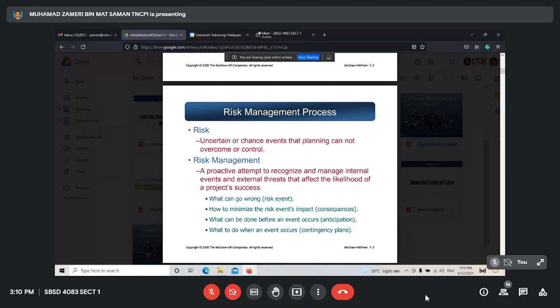Because of uncertainty, we are not sure whether we can complete in 3 months or not. So this is a risk. To make sure we can finish in 3 months, we need to manage that risk. What are the possible risks? Based on those possible risks, we try to plan something, we try to mitigate in order to overcome that risk. Risk is a problem.